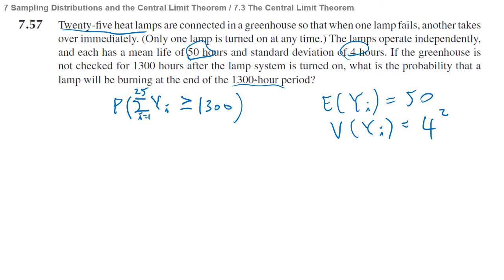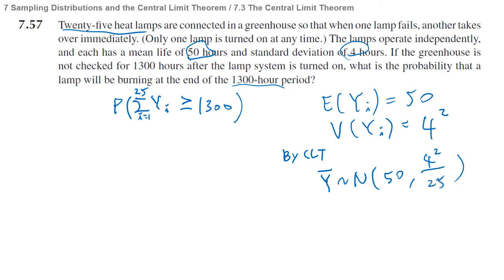So what can we tell about y bar by CLT? Y bar follows a normal distribution with mean 50, and variance 4 squared divided by 25.